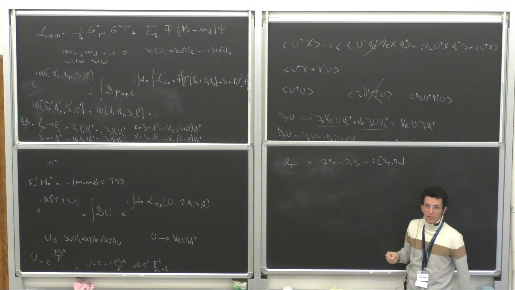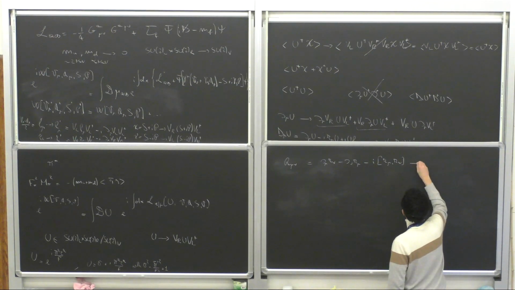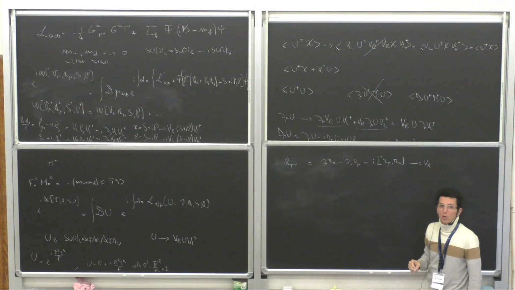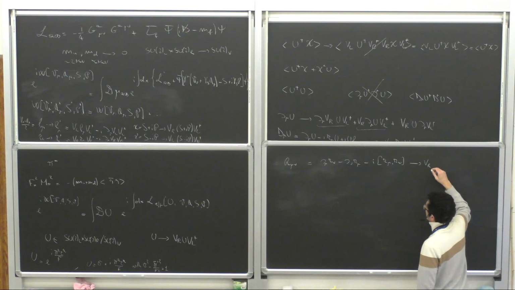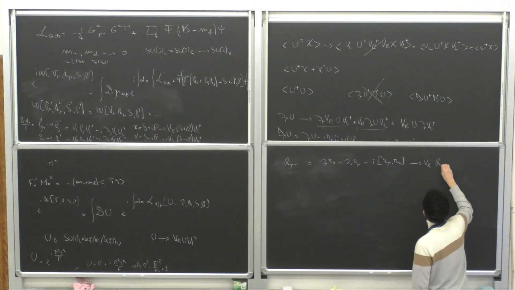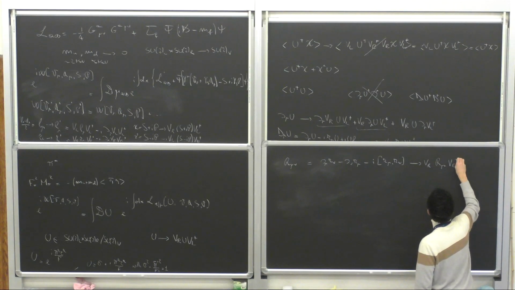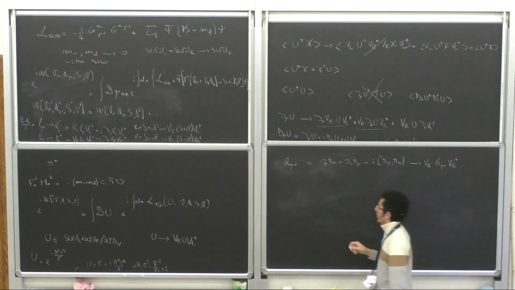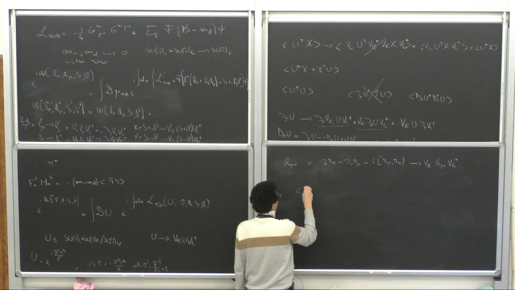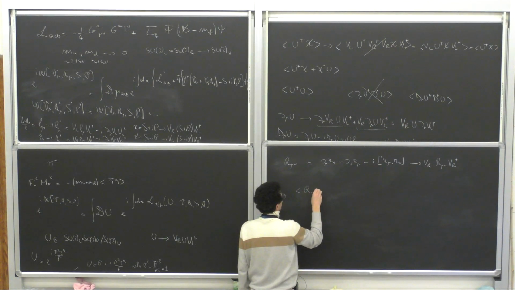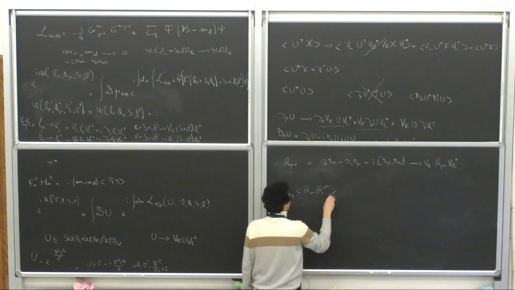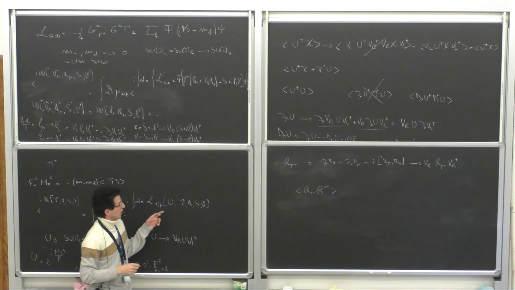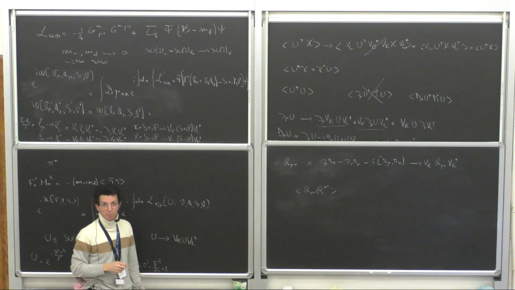And so you can play this game and discover that this curvature transforms covariantly, in the sense that it transforms like that: r_μν goes to V_R r_μν V_R†. So for instance, a possible invariant term would be the trace of r_μν r^μν. This is a possibility of a term which appears here.